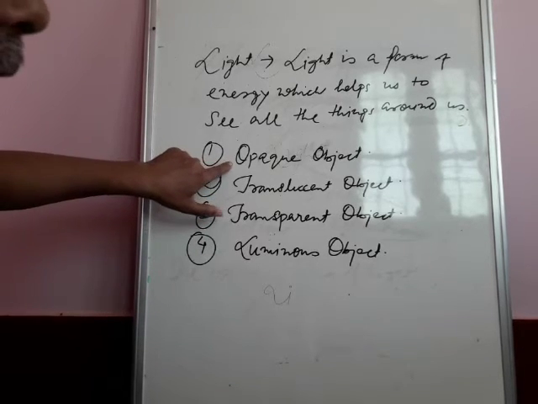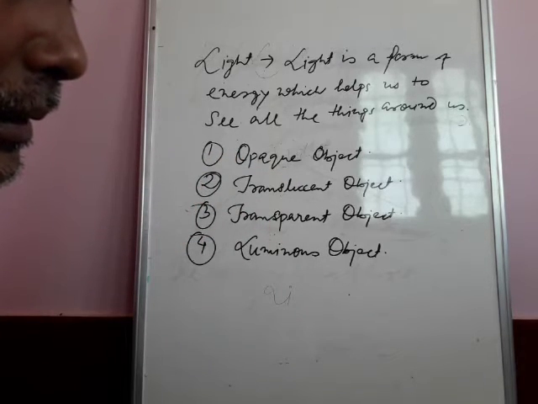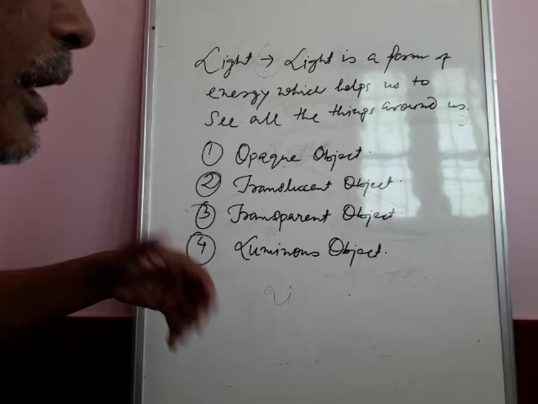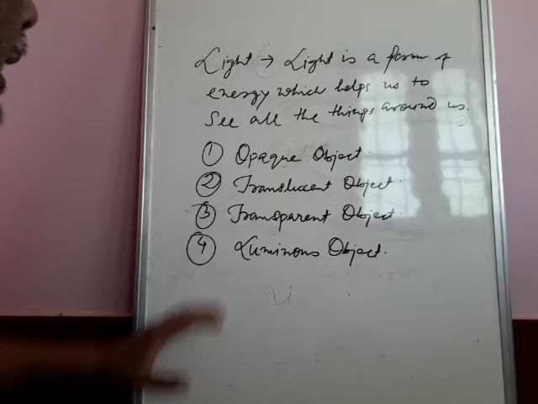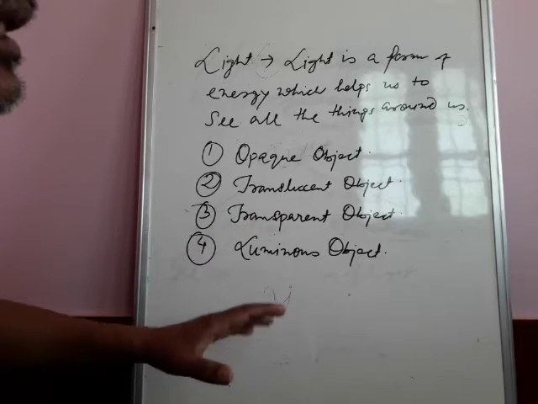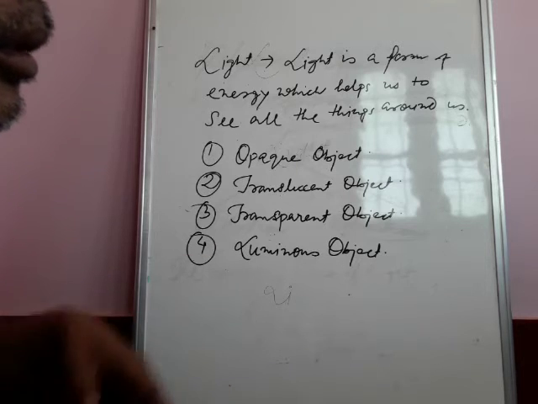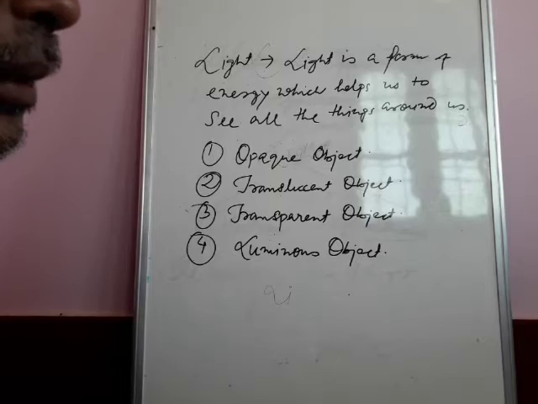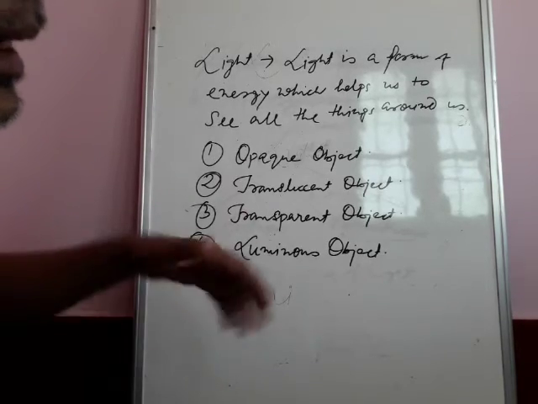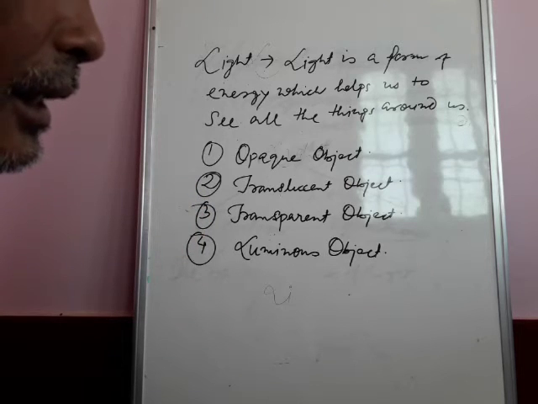So, opaque object: an object through which light cannot pass. Let me repeat it again. An object through which light cannot pass is called an opaque object. For example, I take the walls of our room. You might have observed that light cannot pass through the walls of our room. So you can consider the walls of our room to be an opaque object.